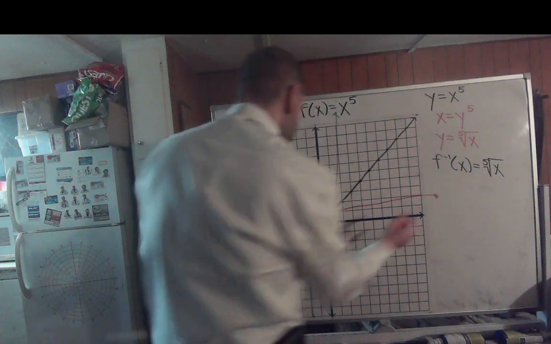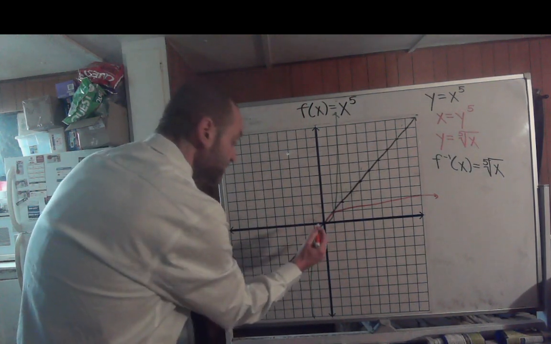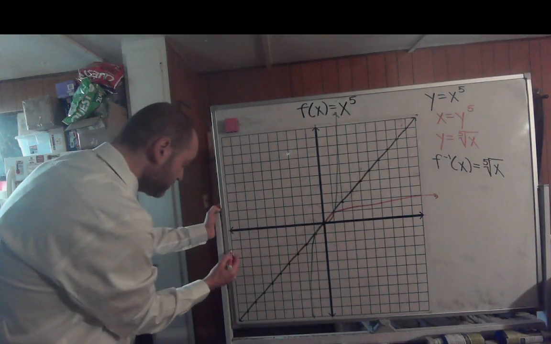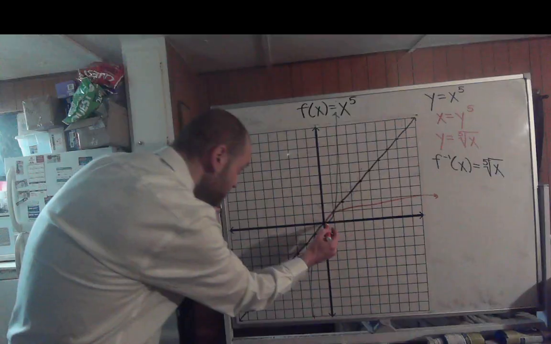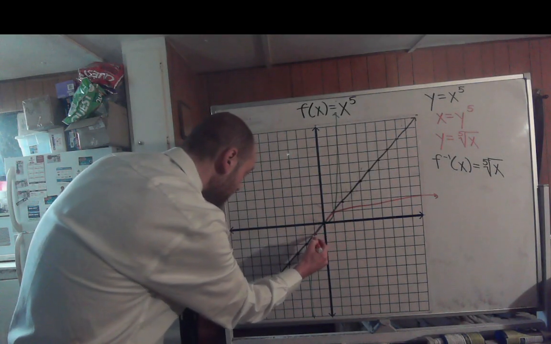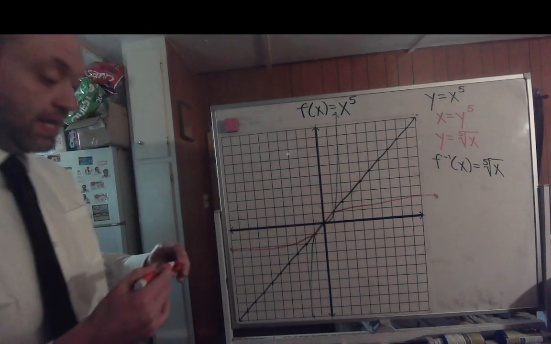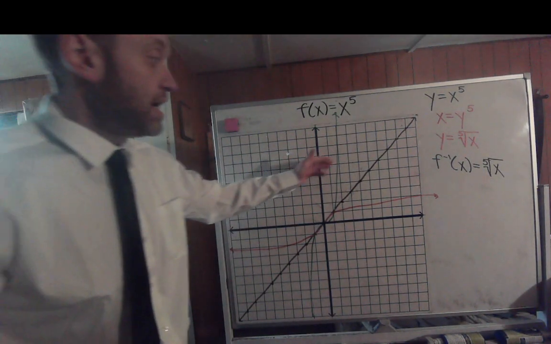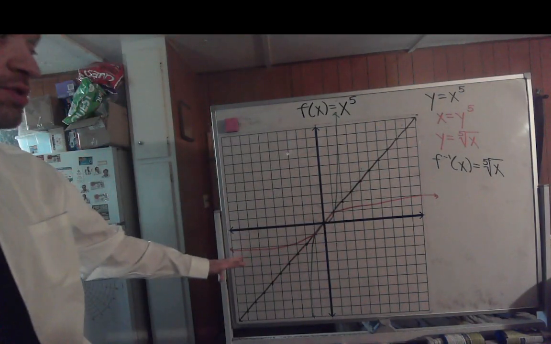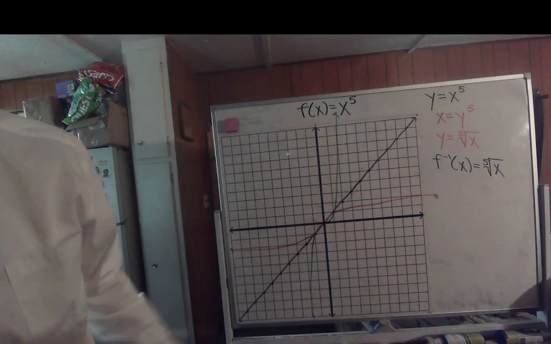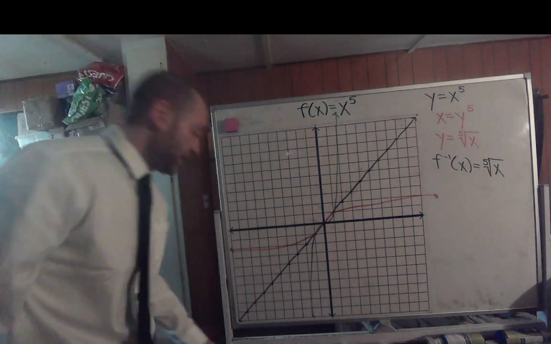Fifth root of -1 is -1. Fifth root of -32 is -2. So it's going to look roughly like so. And you see that symmetry in the line y equals x still. Even though these aren't linear functions anymore, they still have that symmetry in the line y equals x.